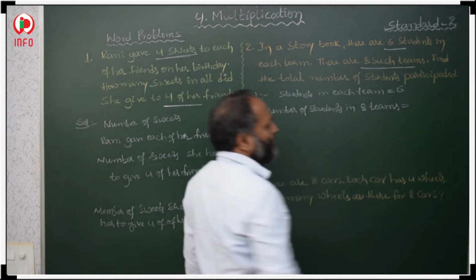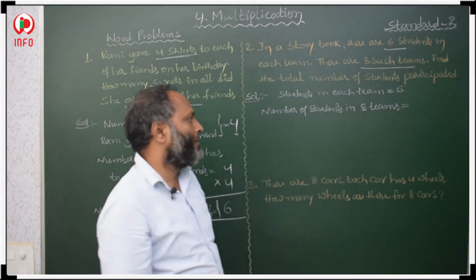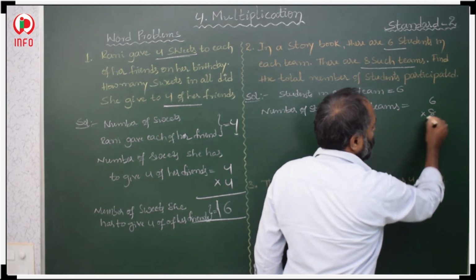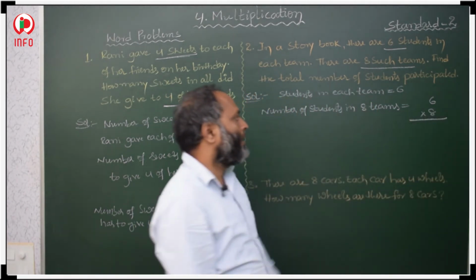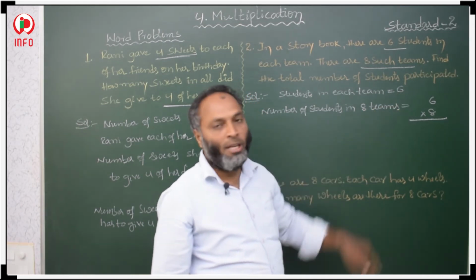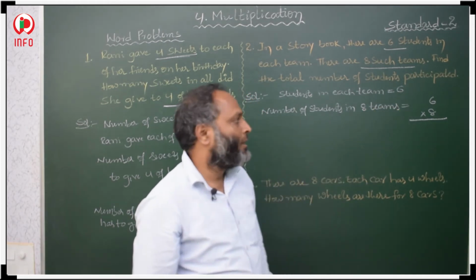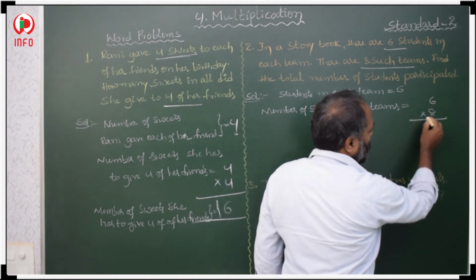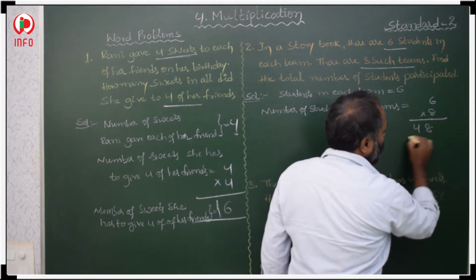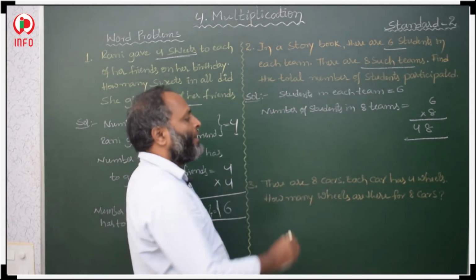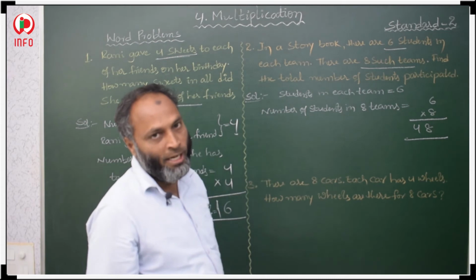In 8 teams we need number of students. Then 6 into 8. Now we have to multiply number of students in each team with number of teams. Vertical multiplication method. 8 6s are 48. How many students were there in 8 teams? Total 48 students were there in 8 teams.